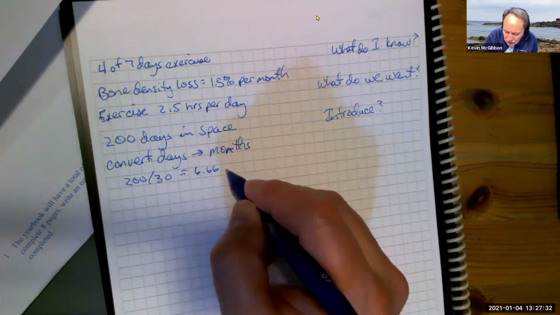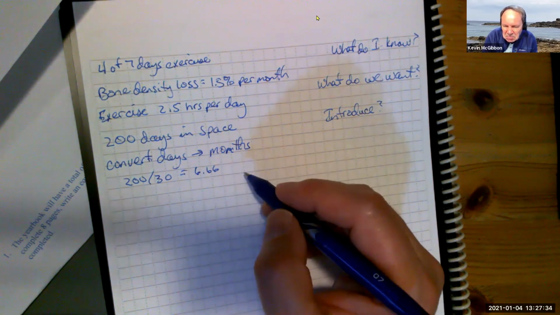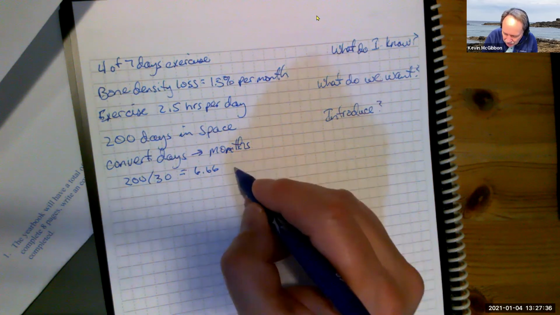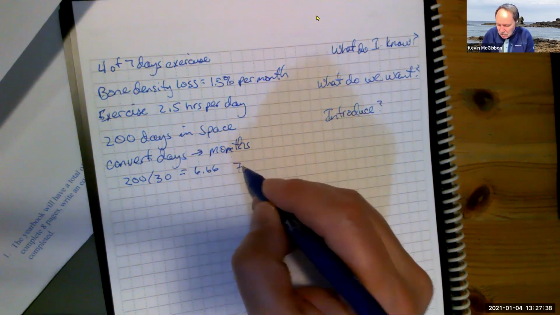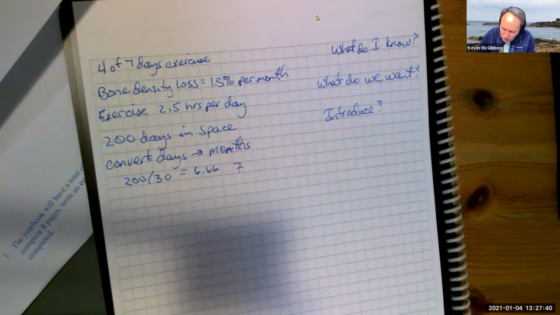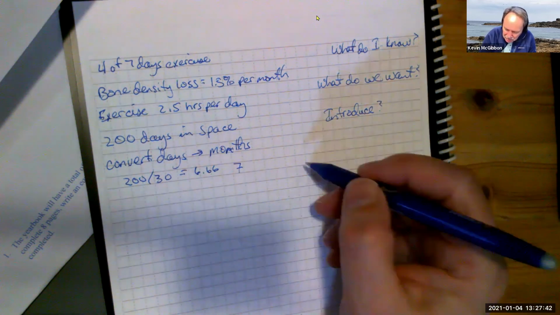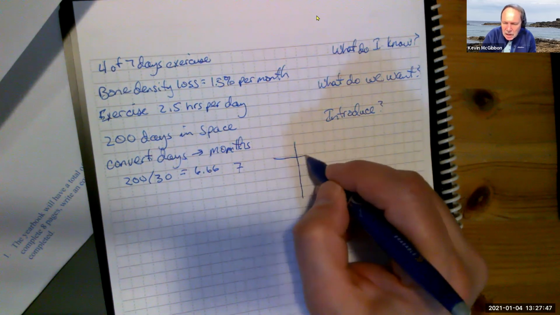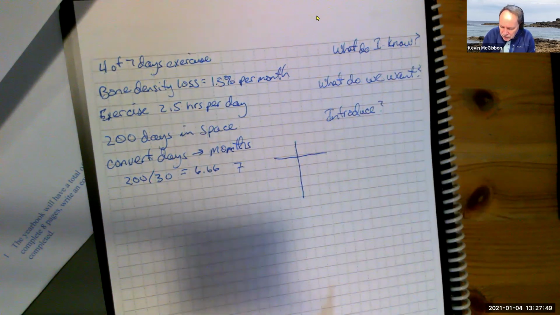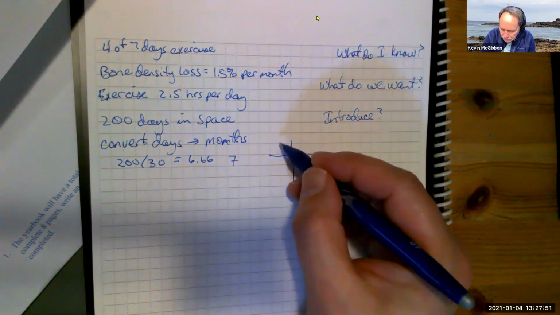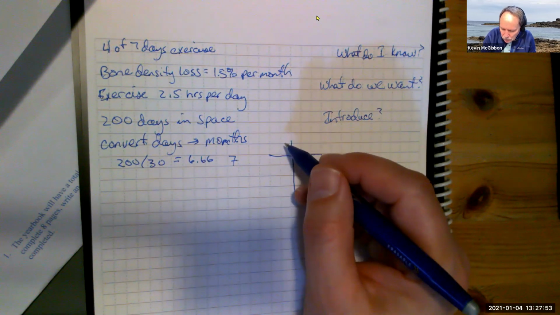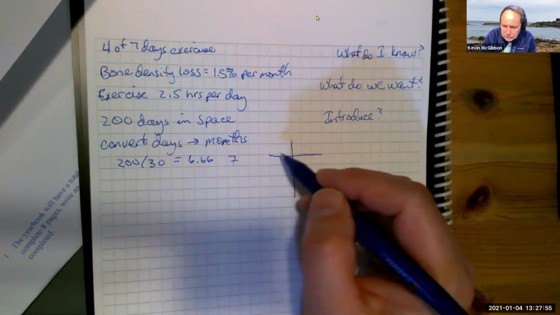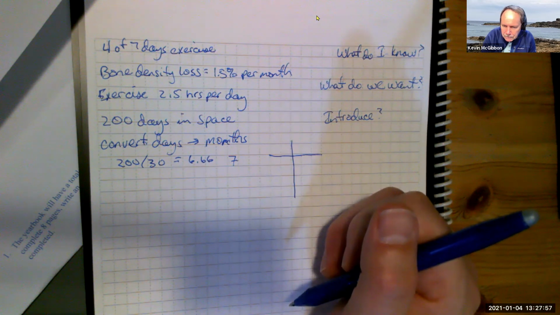How about we just round that up and call it 7. Okay. All right. So is there anything else that we need to know? If I made a table, what would my X label be?